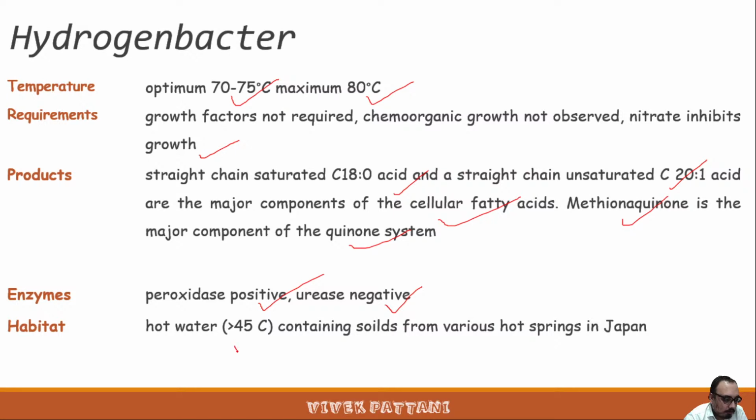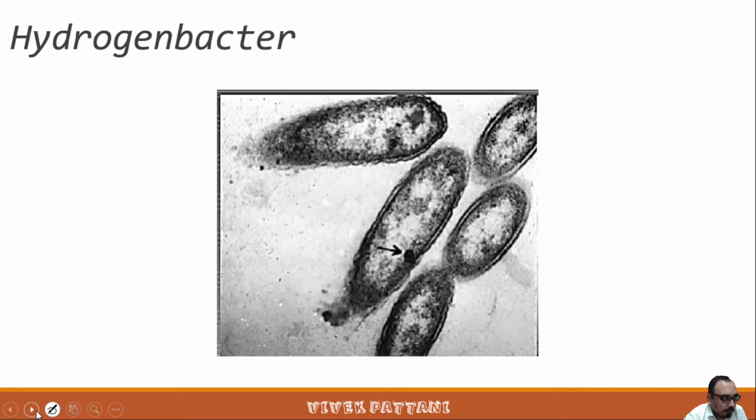Habitat: found in hot water environments where the temperature is more than 45 degrees Celsius, and isolated from hot springs in Japan. This one is a photograph of a Hydrogenobacter.